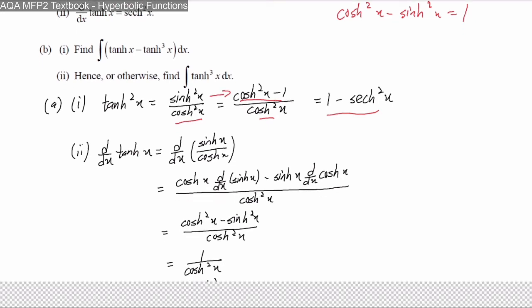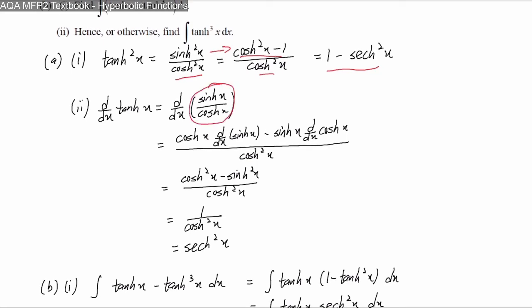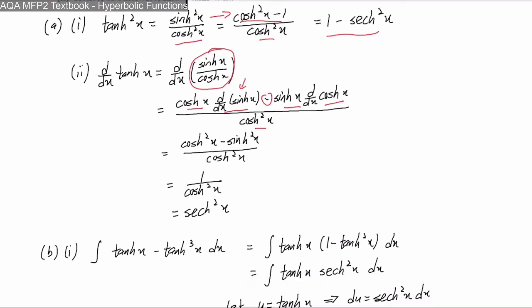This result is also very similar to the trigo version. Because they ask us to express tan x in terms of sine and cos, we do that, and because this is a quotient, we have to use the quotient rule. When we use the quotient rule, that will be v u prime minus v u prime divided by v squared. Differentiating sine x is not difficult, we'll get a cos x.